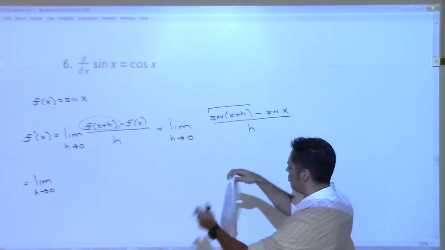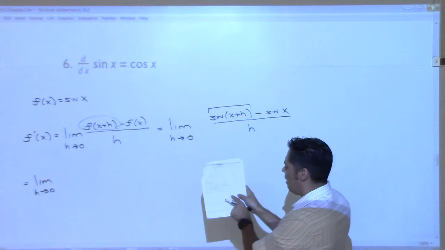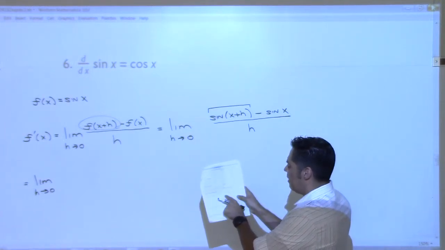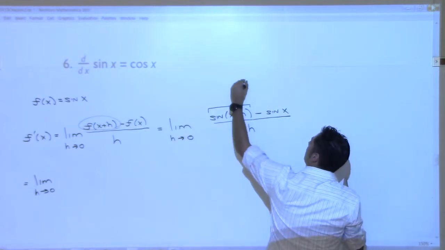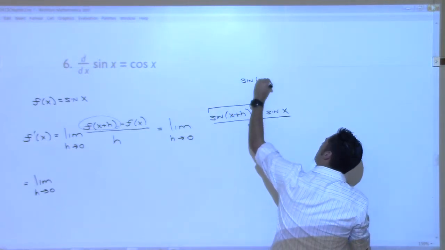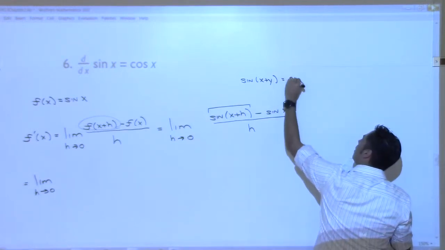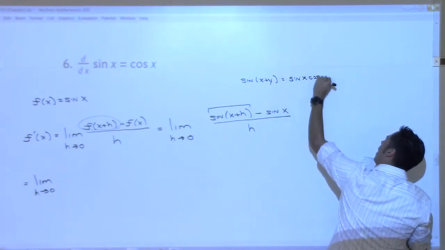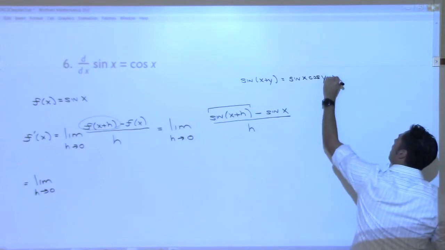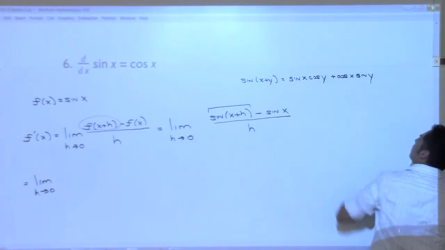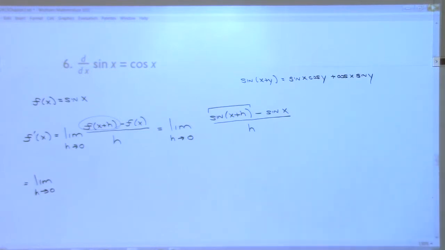On reference page 2, on the right-hand side, they call them the addition and subtraction formulas for sine. It says here, I'm going to write it down. Sine of x plus y is equal to sine x cosine y plus cosine x sine y. Okay, does that look familiar to you from pre-cal?